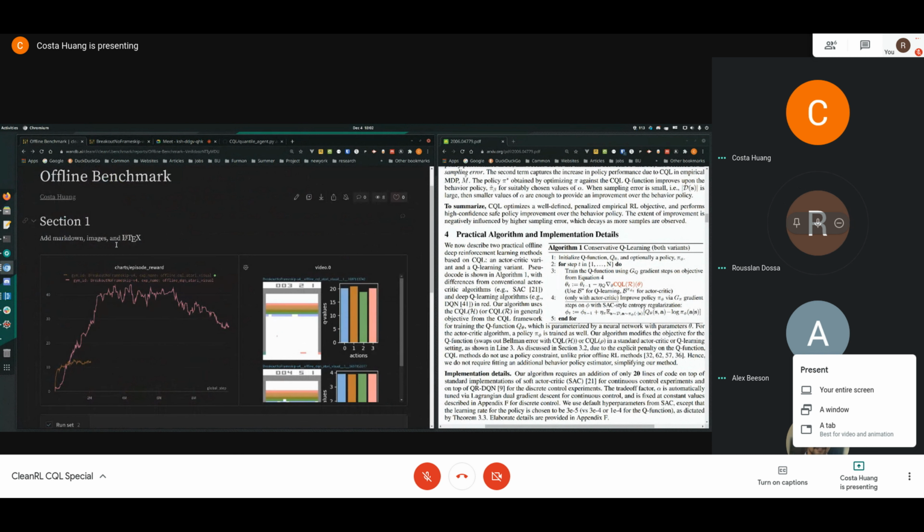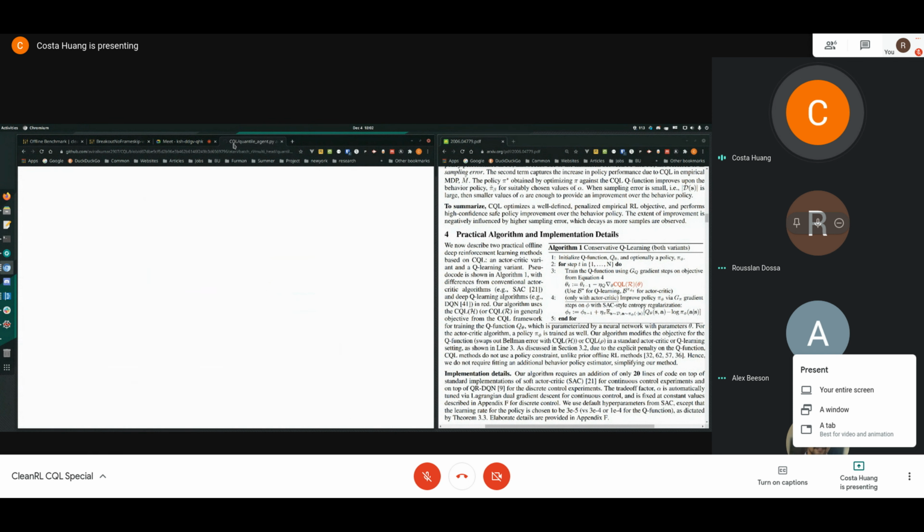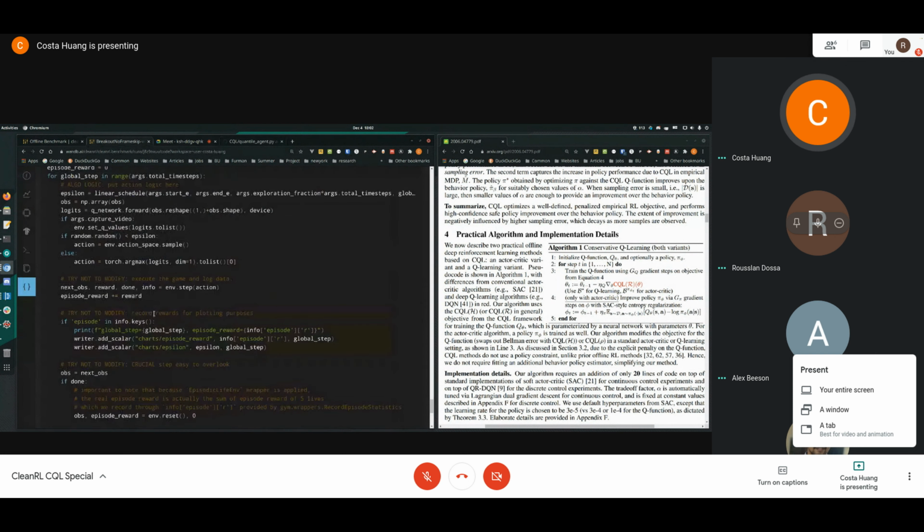And does the agent still sample from the environment? What do you mean? Well, how do you obtain the curves? So the agent only does evaluation.